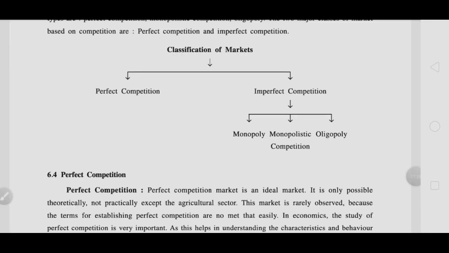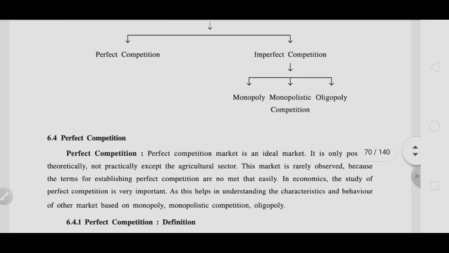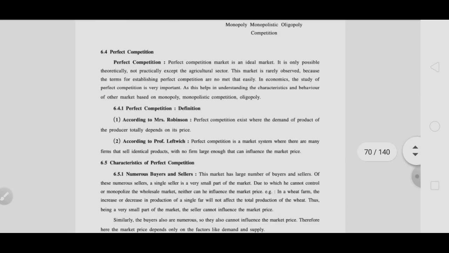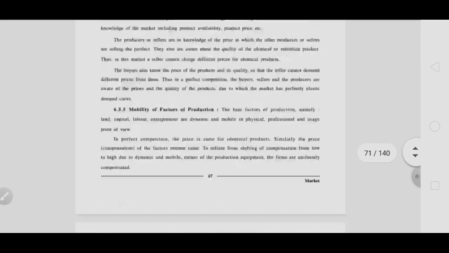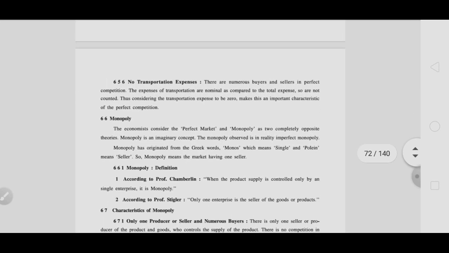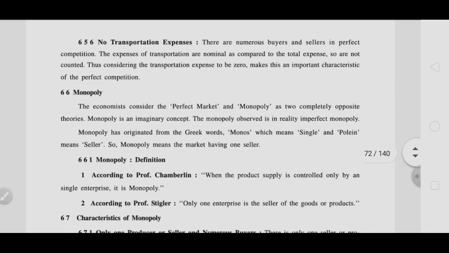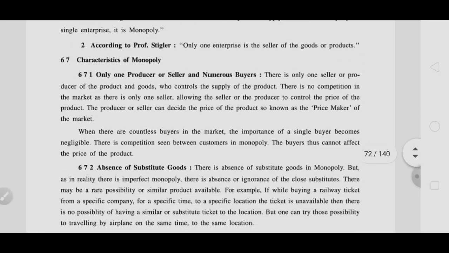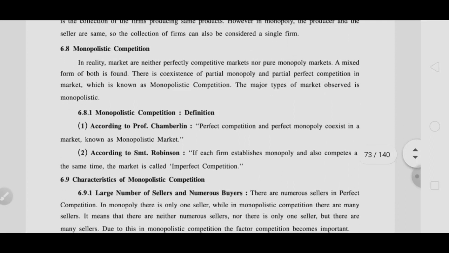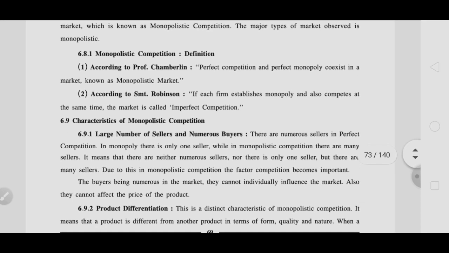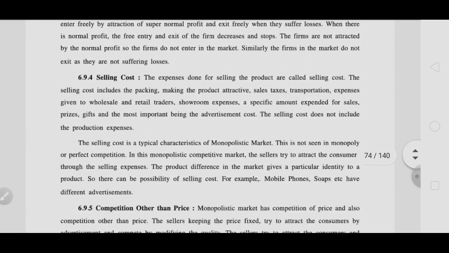We will discuss all these points in detail, like perfect competition, its meaning and characteristics. Then the second point is monopoly, its definition and characteristics. Then we will have monopolistic competition, which is also part of imperfect competition, its definition and characteristics.